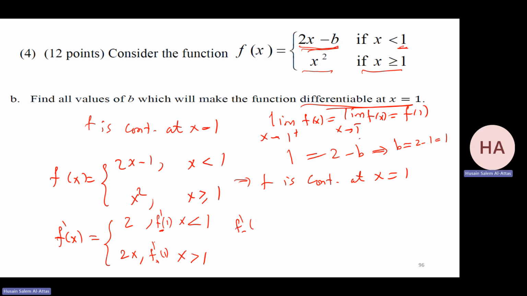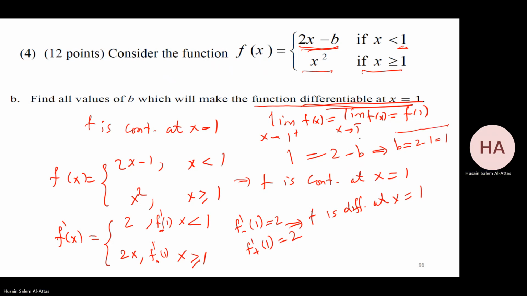So f prime from the left is equal to 2. F prime from the right is 2 times 1, which is 2. So that means f is differentiable at x equals 1. I will put the equality here or there, it's okay, since they are equal. So yes, the function is differentiable at x equals 1 if b equals 1.